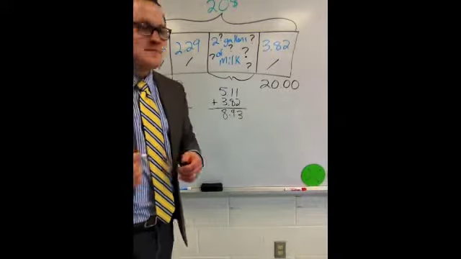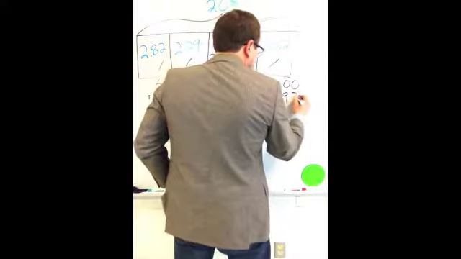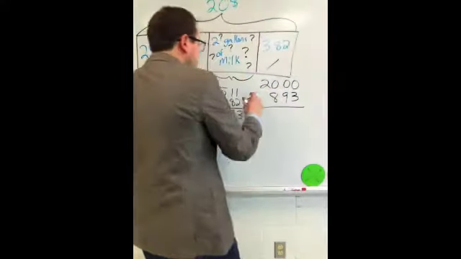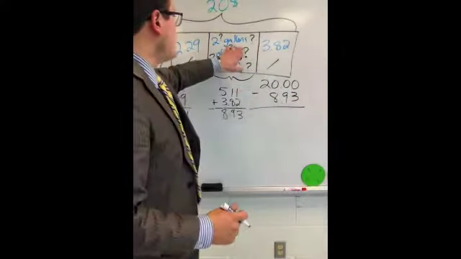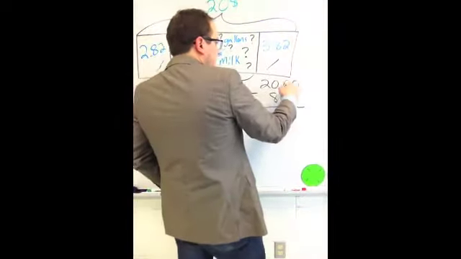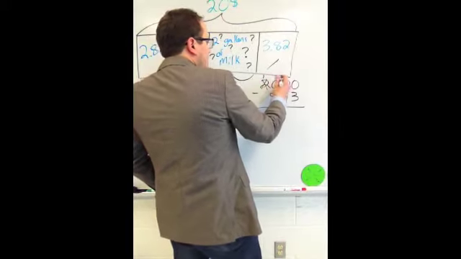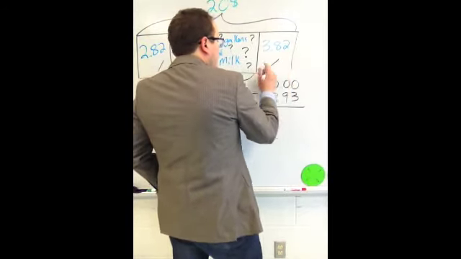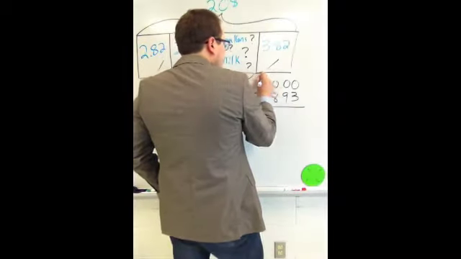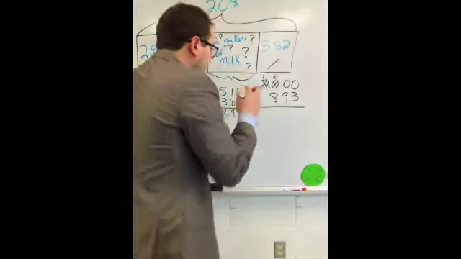So $20 minus $8.93. Okay? That's going to help me find out what the value of this guy right here is. Okay? So I need to borrow. I've got to borrow all the way over. Break up a 10. I have 1 left. I break up a 10 into 10 equal pieces, and it gives me 10 $1 bills.